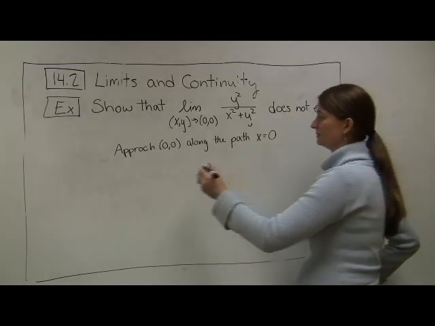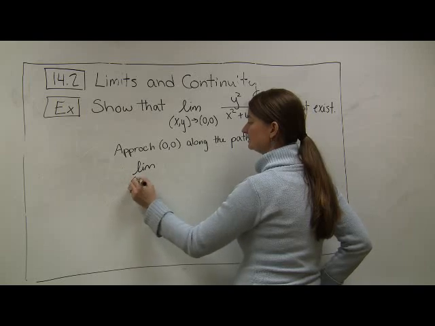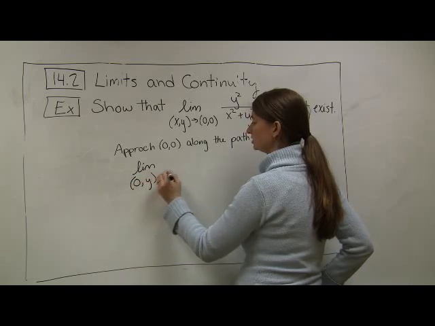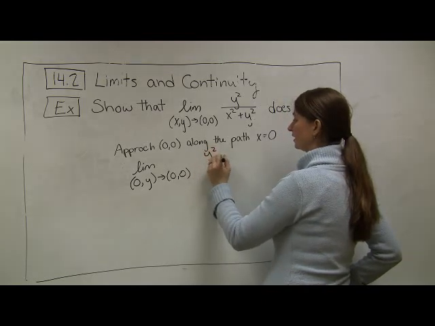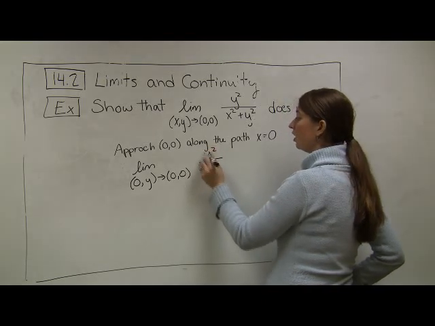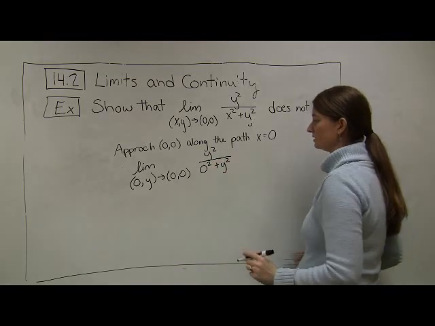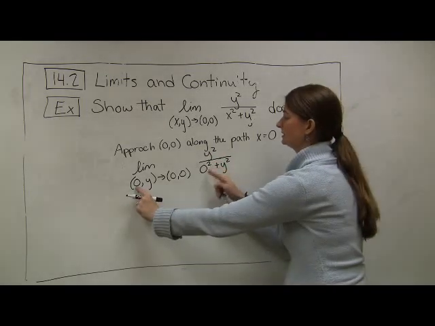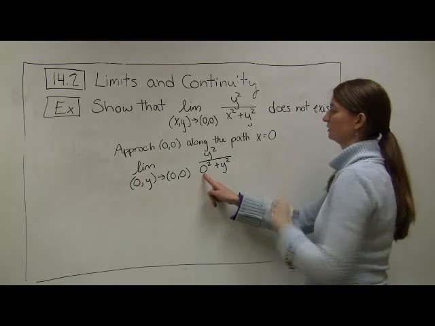Let's see what that does to my limit. That means that I'm now looking at the limit as (0, y) approaches (0, 0) of the function y squared all divided by 0 squared plus y squared. Maybe this is a weird thing to say, so I took my x's and I replaced them with zeros because I'm approaching along the path x equals 0.